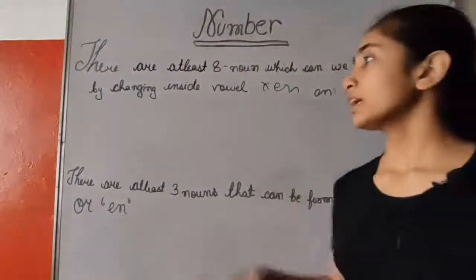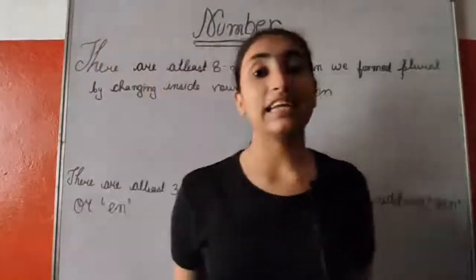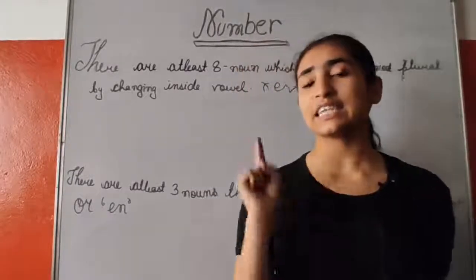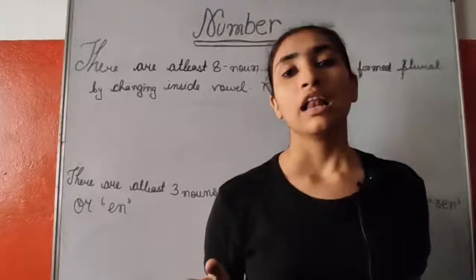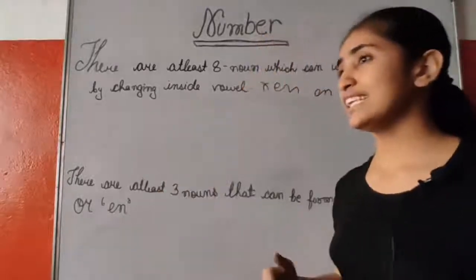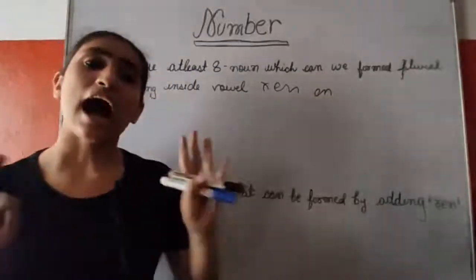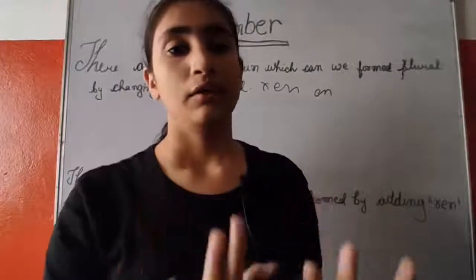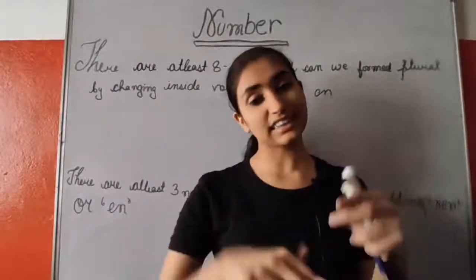In my first rule it is saying that there are only 8 nouns which are formed plural by changing the inside vowel. Again I am repeating, only 8 nouns are formed plural by changing their inside vowel.